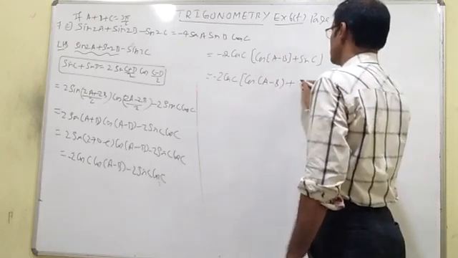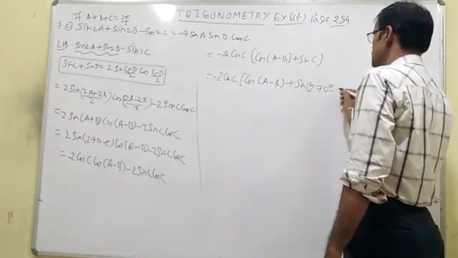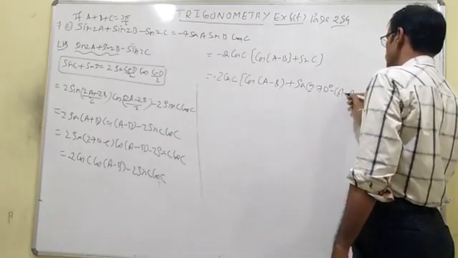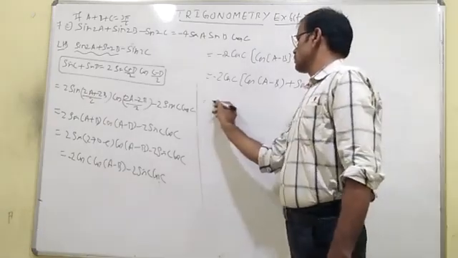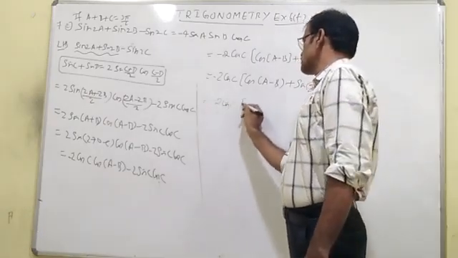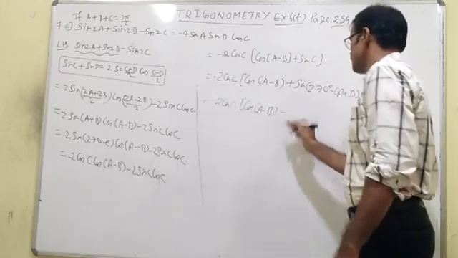Cos of a minus b plus sin c. Here, instead of c, you can write sin 270 minus of a plus b. That is equal to minus 2 cos c into cos of a minus b.